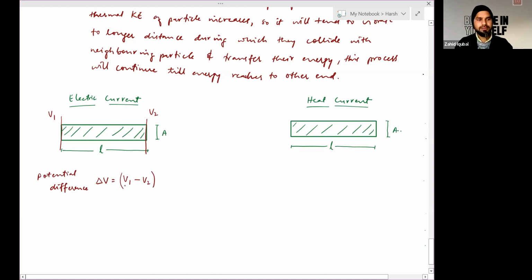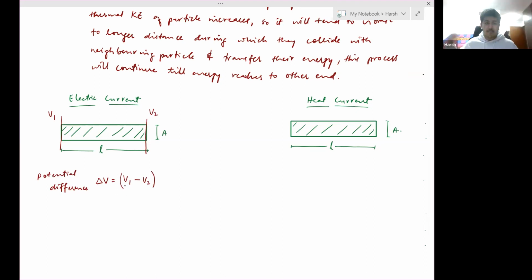Suppose you have water in two different tanks and you have to flow water from one tank to the other. You will change the level of the two tanks. Water will flow from the higher level to the lower level, because the higher level has higher gravitational potential energy.